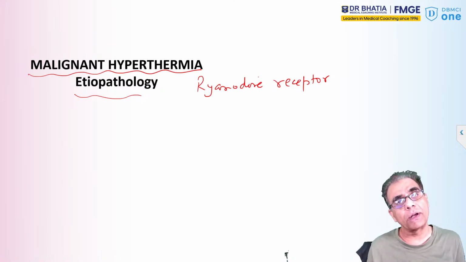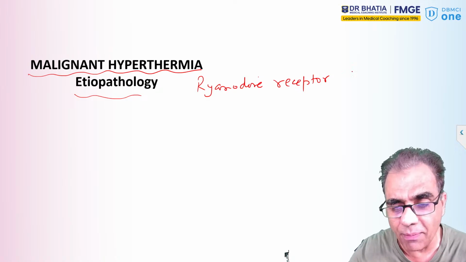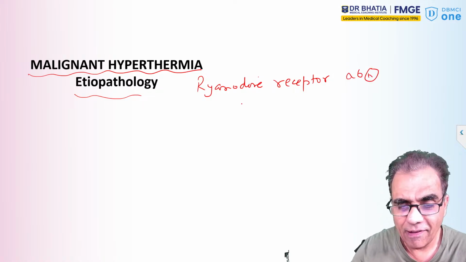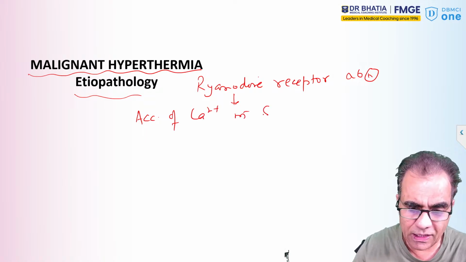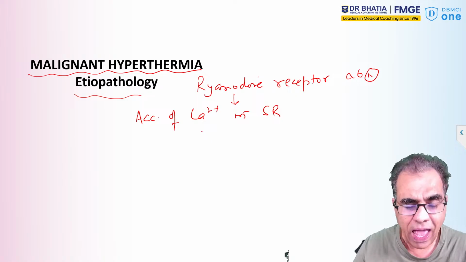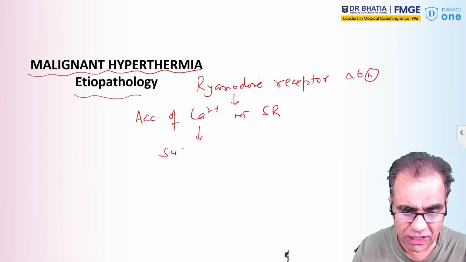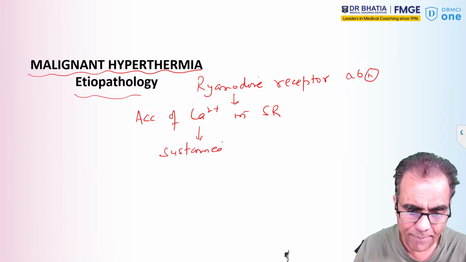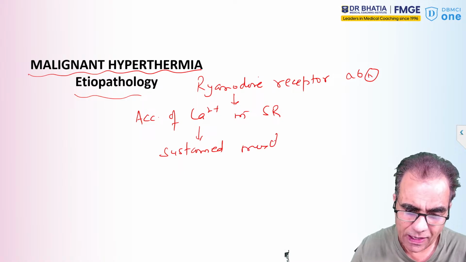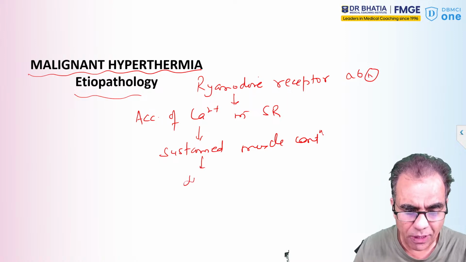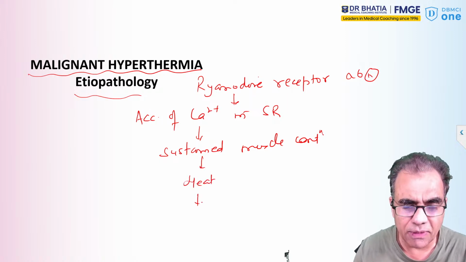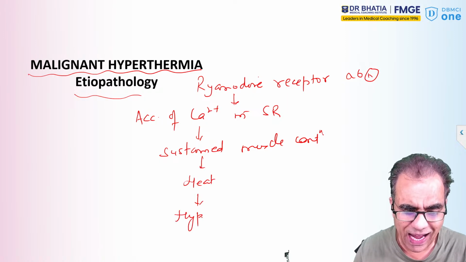That will cause hyperthermia. So ryanodine receptor abnormality leads to accumulation of calcium in the sarcoplasmic reticulum, and that leads to sustained muscle contraction, and that produces heat, increased muscle metabolism, and that is responsible for hyperthermia.